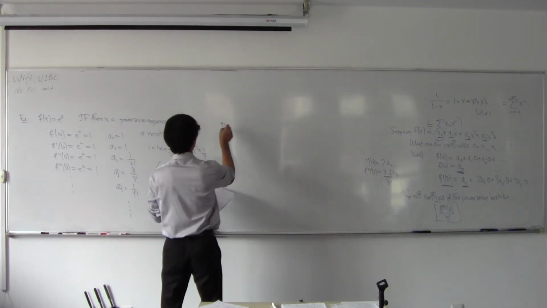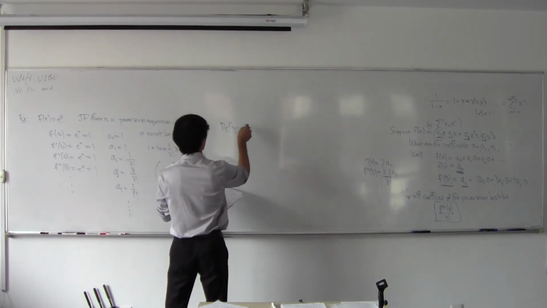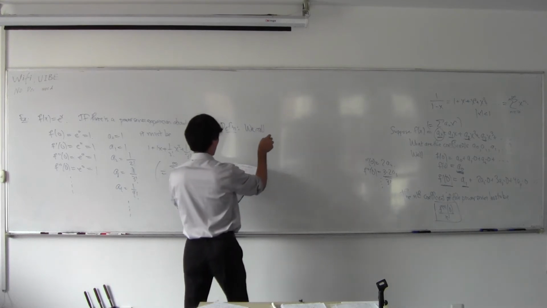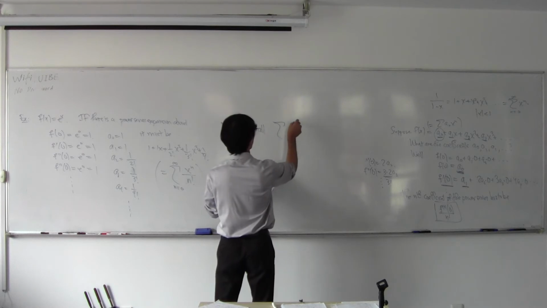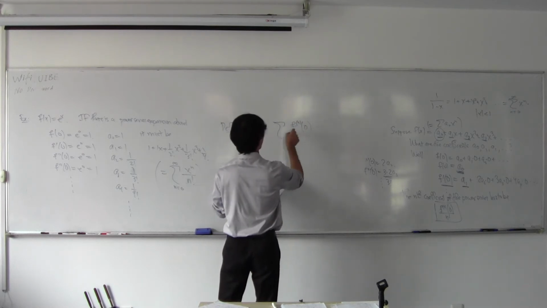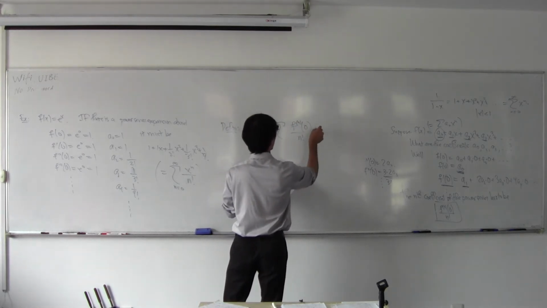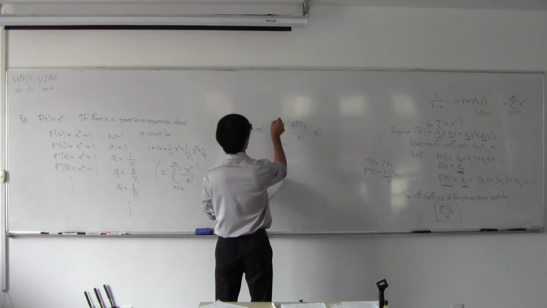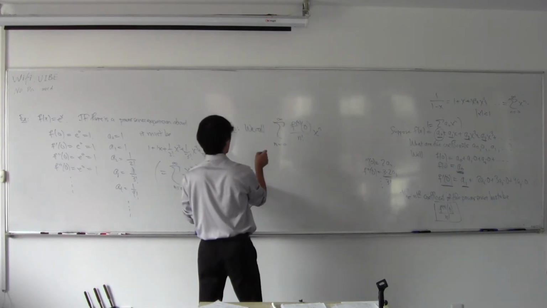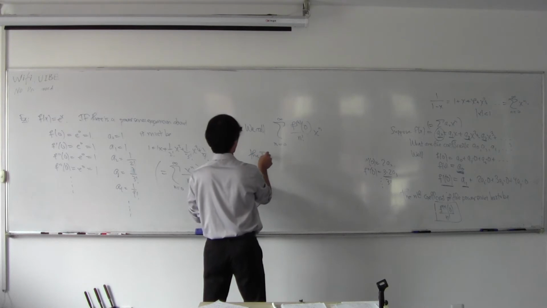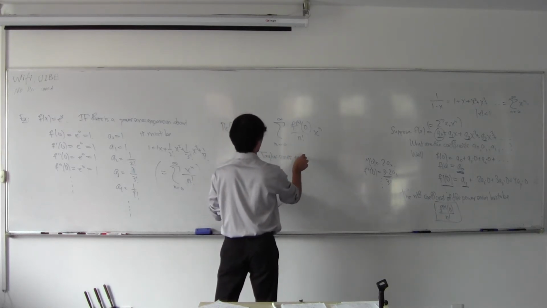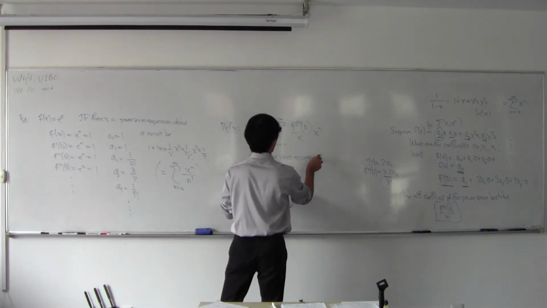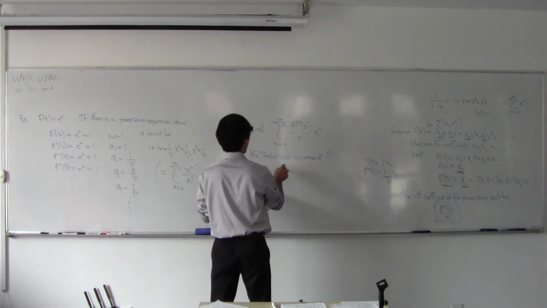So, definition: we call the summation of f^(n)(0) over n factorial times x to the n, from 0 to infinity, the Taylor series expansion of f around 0.